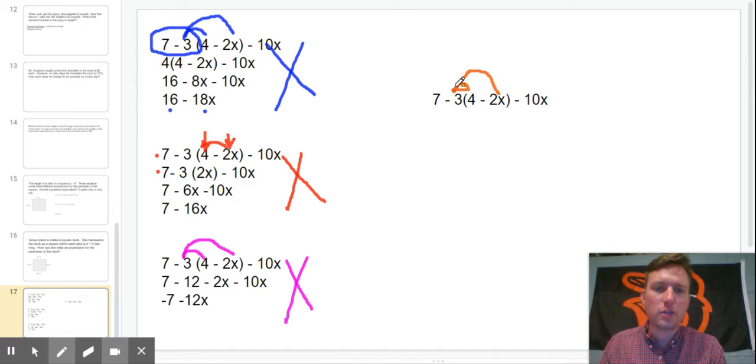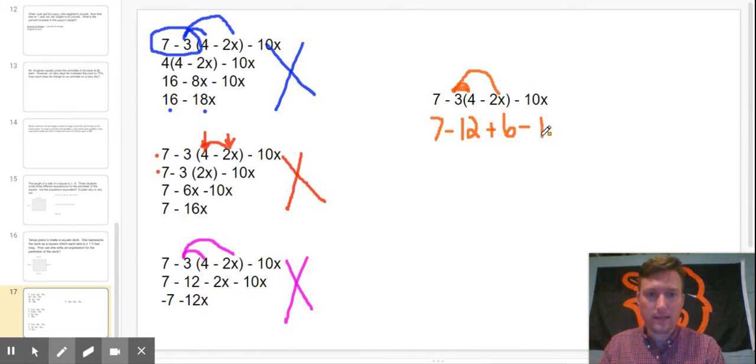So I'm going to multiply this -3 by this 4 here, and this -3 by this -2x. So in doing that, I have 7 minus 12, and it's minus 12 because I have -3 times 4, and that gives you -12. And now I have a negative times a negative. A negative times a negative is actually a positive. So it would be plus 6x minus 10x.